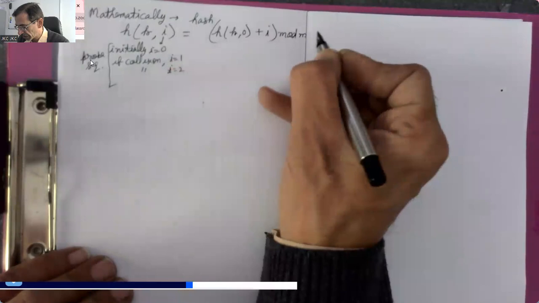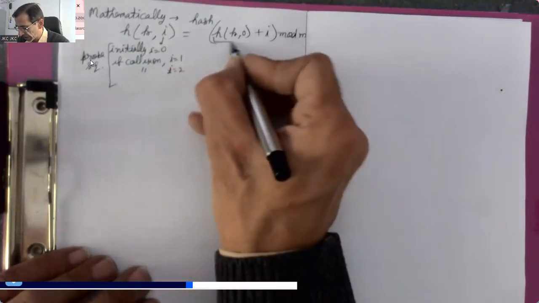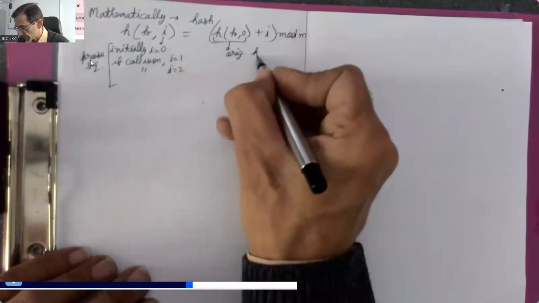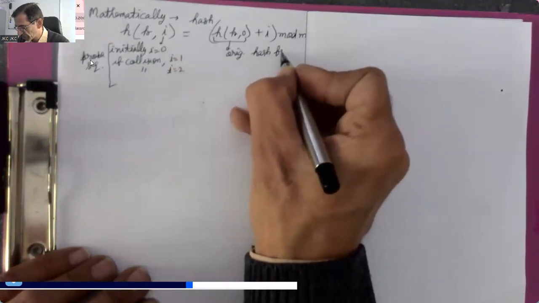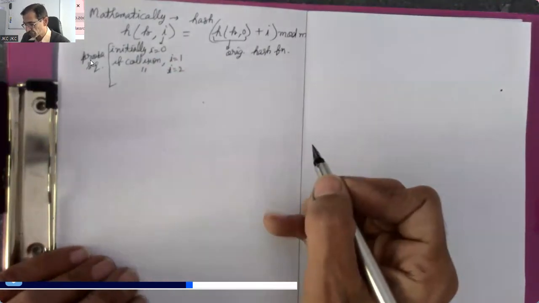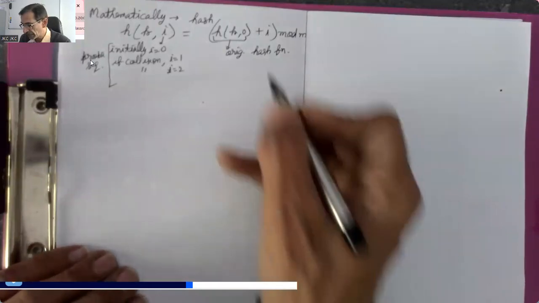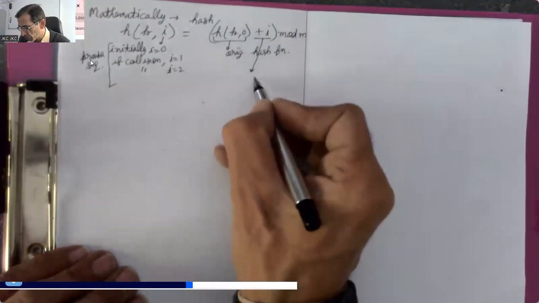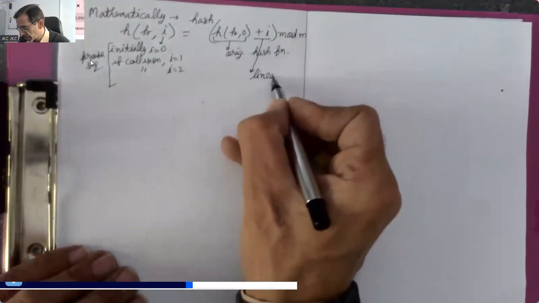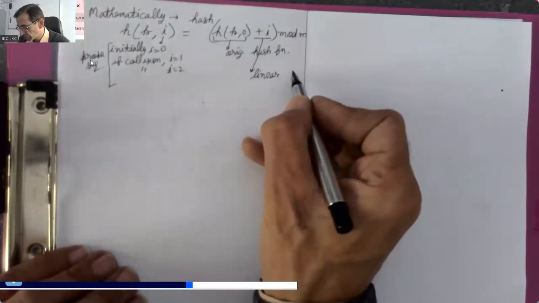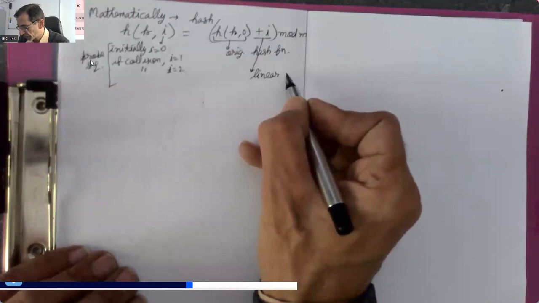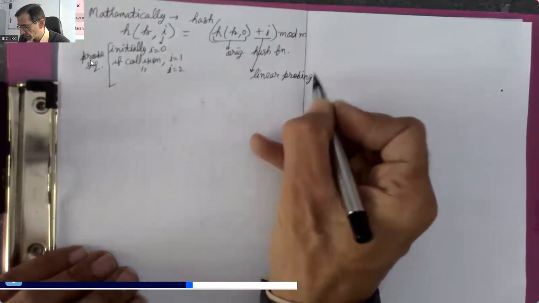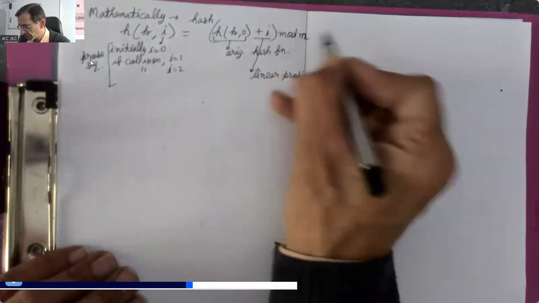So mathematically, it is one and the same thing which I have written, and this was my original hash function. I am telling this because in the book it is explained like this, so you get better clarity by understanding it. It is effectively equal to your linear probing, plus i every time: initially 0 if there is no collision. If collision, this is linear probing, always going in that particular manner.